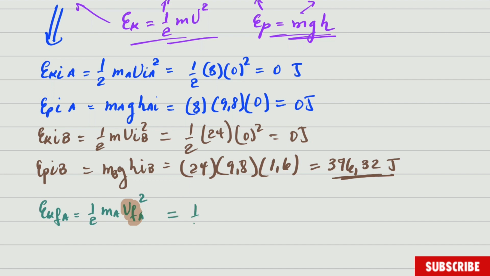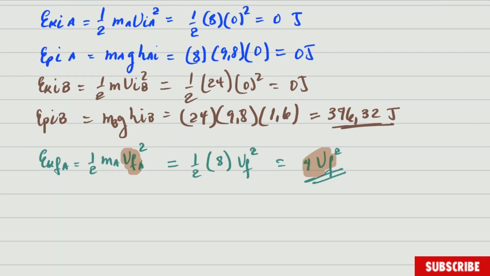So this one is equal to half mass A, which is 8, multiplied by the final speed squared. I'm not going to write the 8 anymore because it's the final for both of them. So this one is equal to 4 multiplied by final speed squared. We stop there because we don't have those values right there.